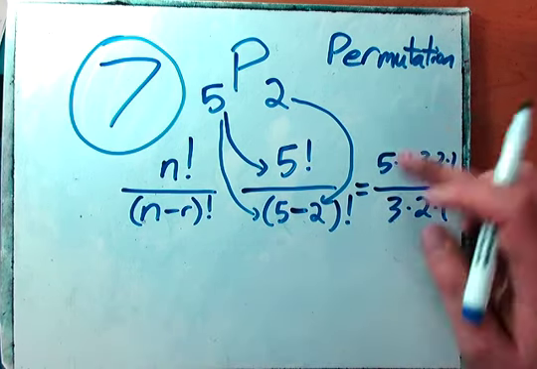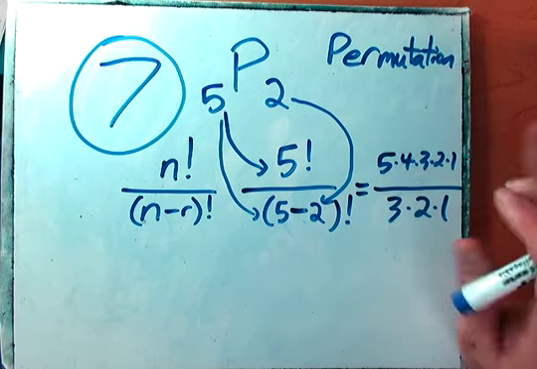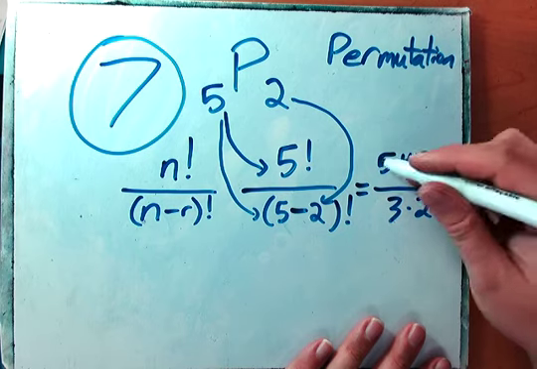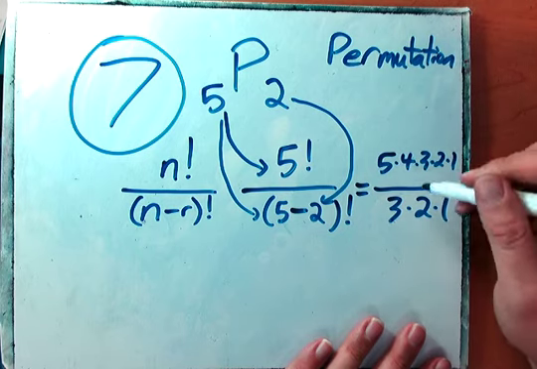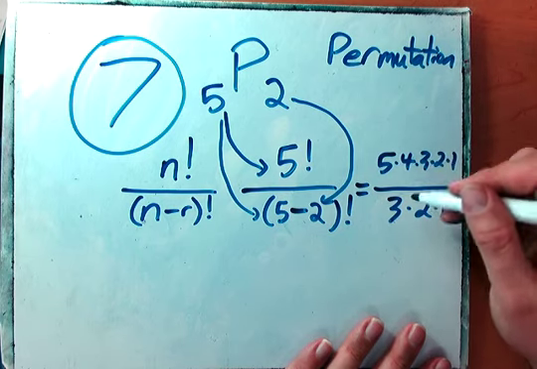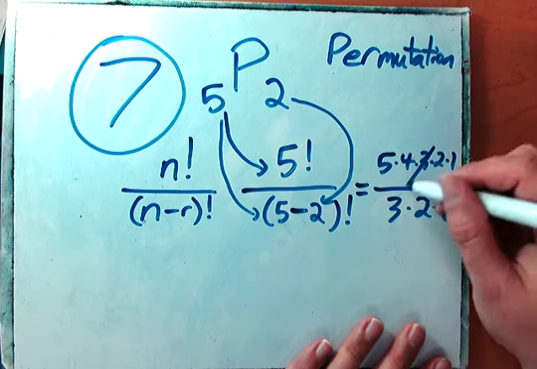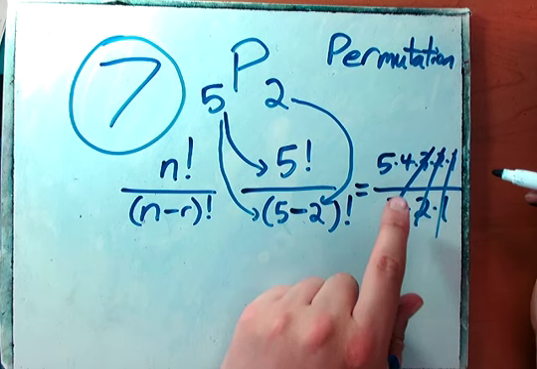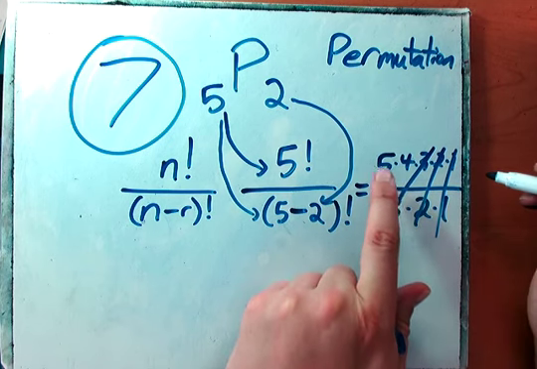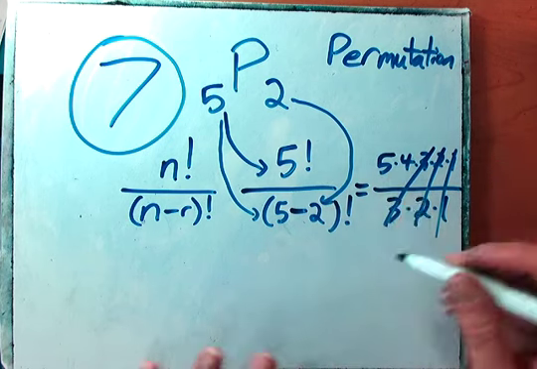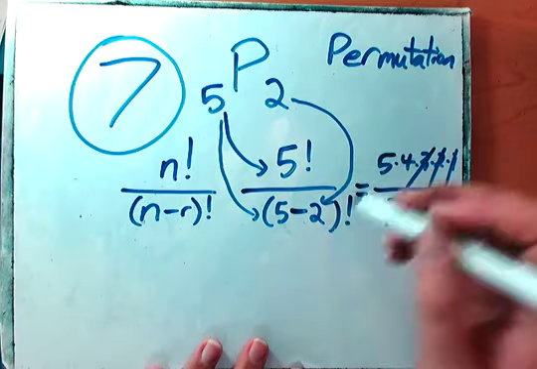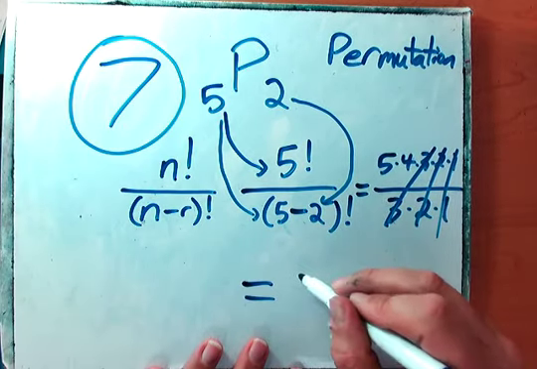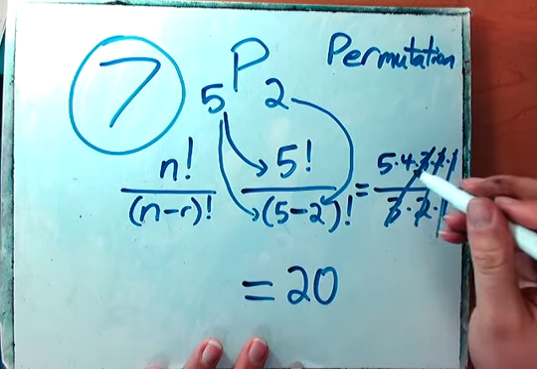So now this would be my answer, except the tops and the bottoms cancel. Because when everything's multiplied together, and there are numbers on the top that are the same as the numbers on the bottom, they cancel. The 2's cancel, the 1's cancel. And I'm left with only numbers on the top, 5 times 4. 5p2, after I do all of this math, is 20. 5 times 4.